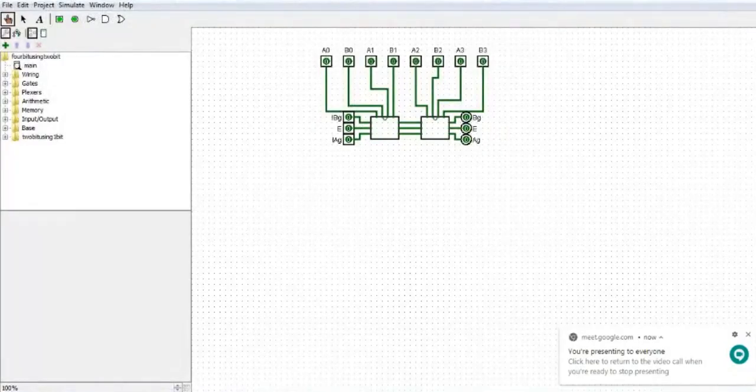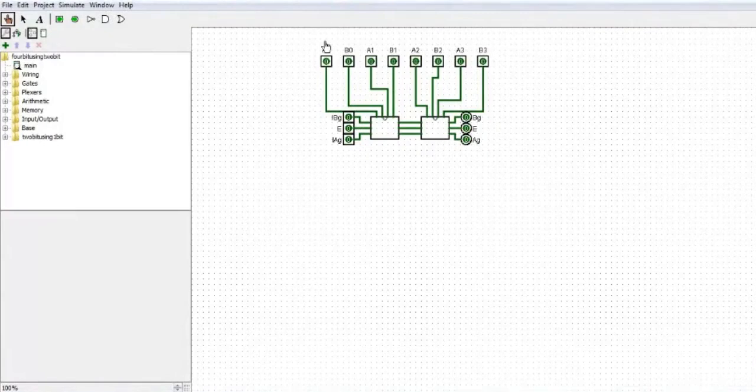So look here, we have 4 inputs A0, A1, A2, A3 compared with B0, B1, B2, B3. So this is the circuit. It was saved with a 4-input stage. So it is a 2-bit magnitude comparator and a 2-bit magnitude comparator.